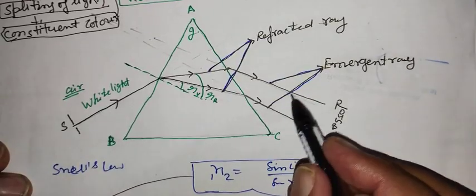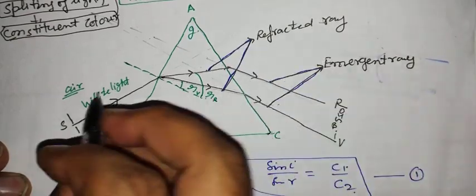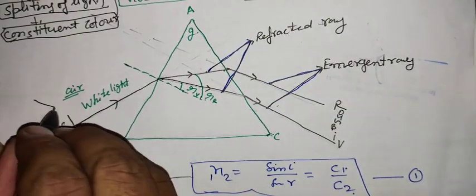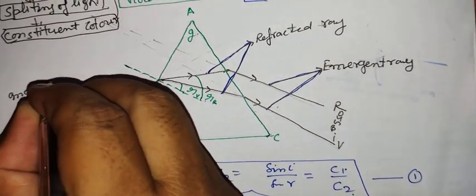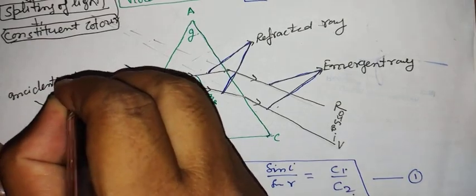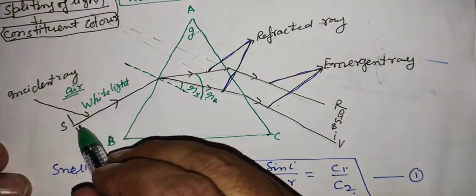So these two are emergent rays, and here these two rays are refracted rays, and this is called the incident ray.